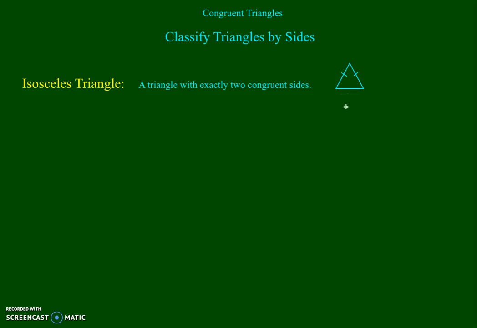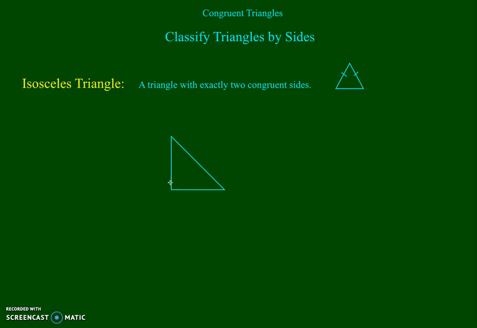Now, when you're classifying triangles, sometimes there's a temptation to mix the two classifications. In this case, we're classifying triangles by their sides. Let's draw another triangle here. So here is another triangle. Now you may be tempted to say, oh, that is a right triangle.